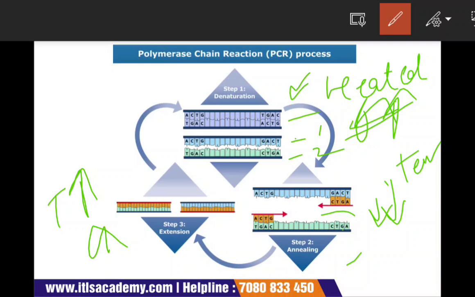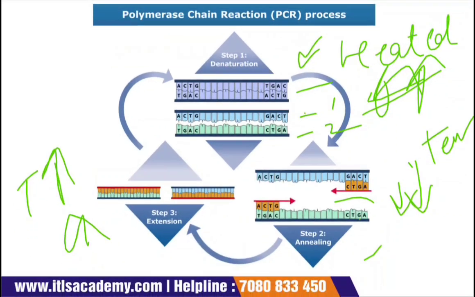So these three stages are repeated how many times? 20 to 40 times, and basically they double the number of DNA copies each time, which is called a thermal cycle.